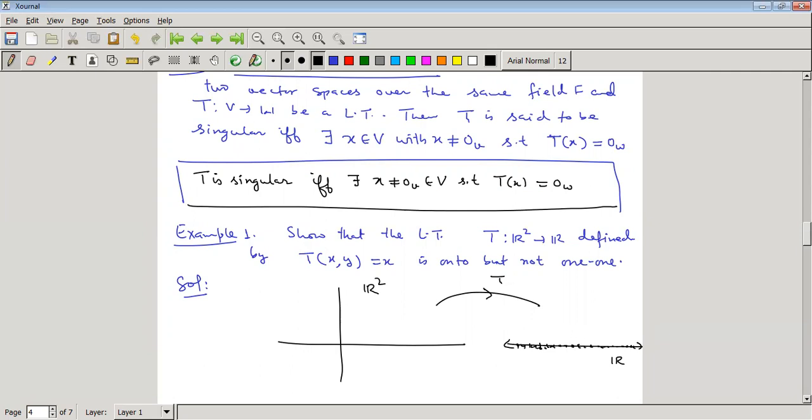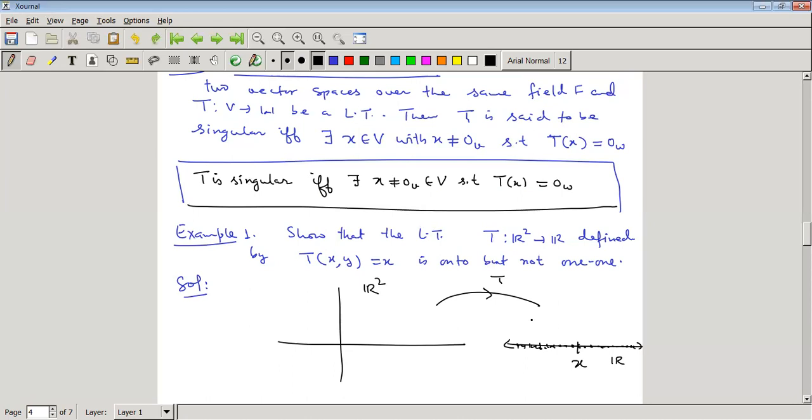So if we take any element, then its pre-image exists: there exists x comma y such that T of x comma y is equal to this. It means every element of the codomain has a pre-image in the domain.